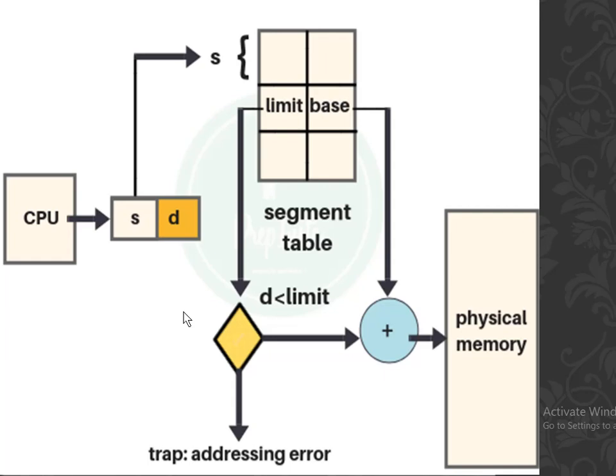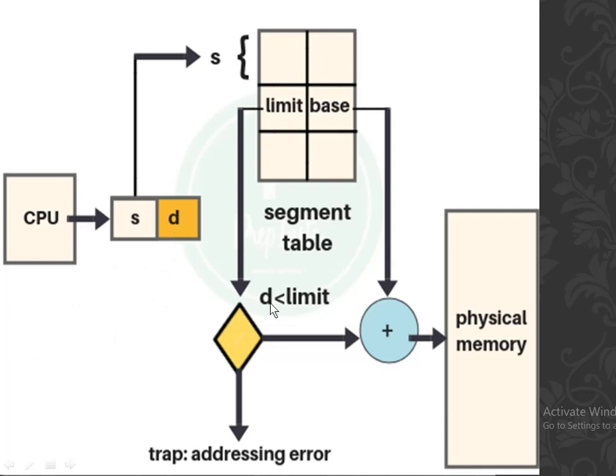So what are the limit and base registers? The base register is the starting address of the segment or process, right? The limit register contains the range of that segment. Here we first compare this D with the limit value.